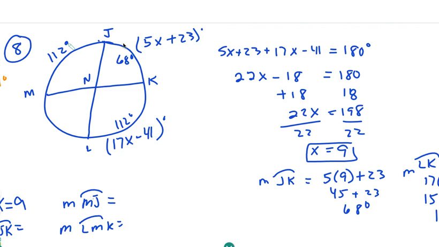And these two are vertical angles because they go through the center. So that's going to make this arc 68 degrees. So MJ is 112 degrees, and JK is 68 degrees, and LMK would be the sum of these three arcs, so 68 plus 112 plus 68 is going to give us 248 degrees.